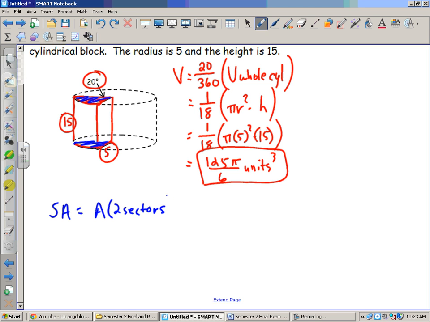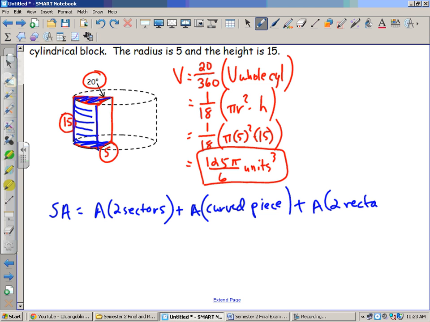I have the curvy side here. So you got plus the area of the curved piece. Whatever you want to call it. And then finally plus the area of the 2 rectangles that are created. If you're like, what are you talking about, 2 rectangles?